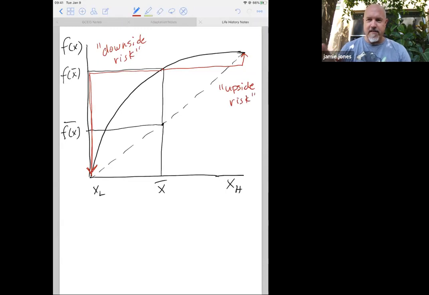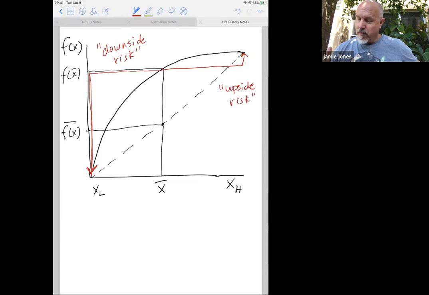Remember that risk isn't necessarily negative. It just means variable. It turns out to have lots of negative implications for fitness, but getting more than the expected value is just as much risk as getting less than the expected value. The curvature of f of x creates a substantial asymmetry between the downside and the upside risk.